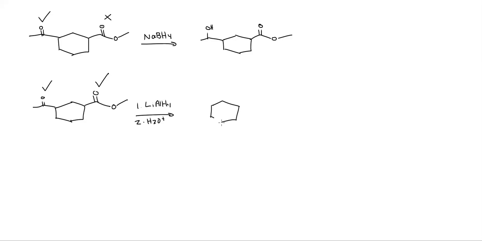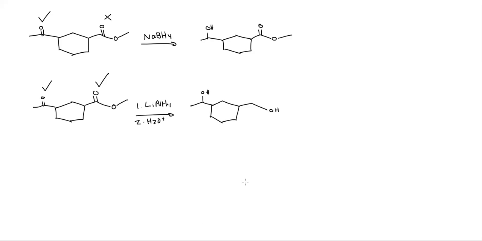So both of these are going to get reduced. So I have a primary alcohol and a secondary alcohol in this molecule now, okay? So these are the distinctions that I had to make between these two reducing agents, okay?